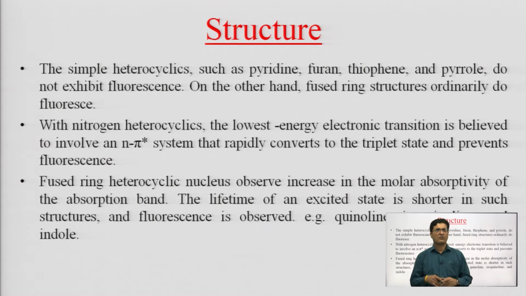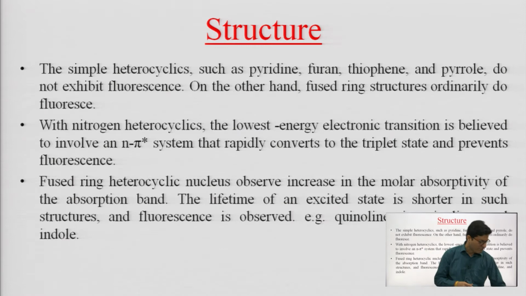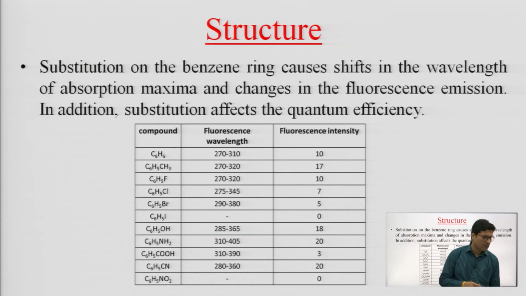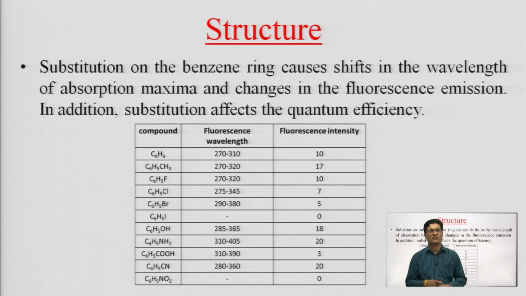Therefore, they are not suitable for fluorescence. Fused ring heterocycles like naphthalene, phenanthrene, anthracene, quinoline, isoquinoline and indoles can show fluorescence to a very good extent because of the dominance of pi to pi star transitions.